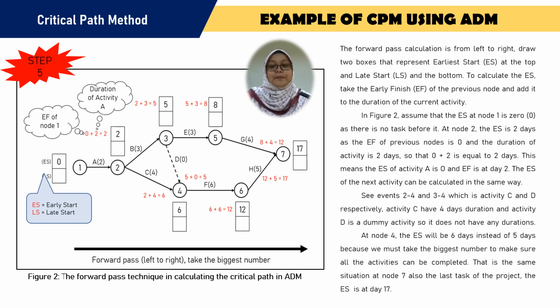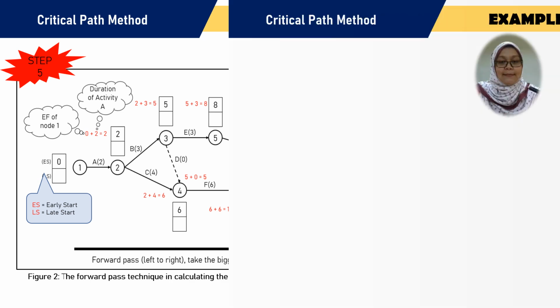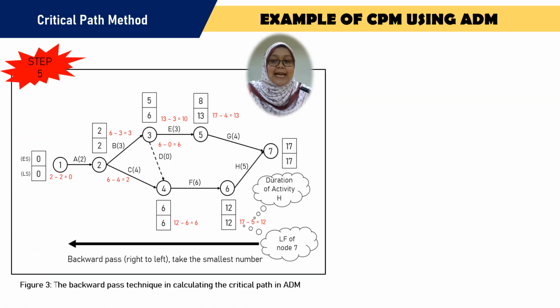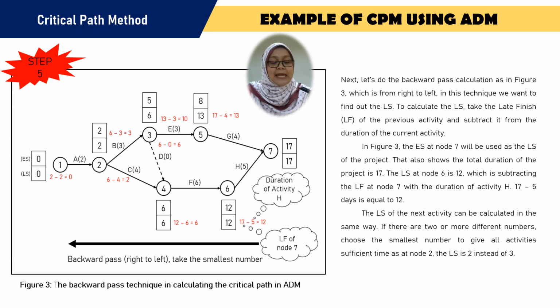Next, let's do the backward pass calculation. The backward pass calculation goes from right to left. So how do we do it? We start from node 7, event 7.